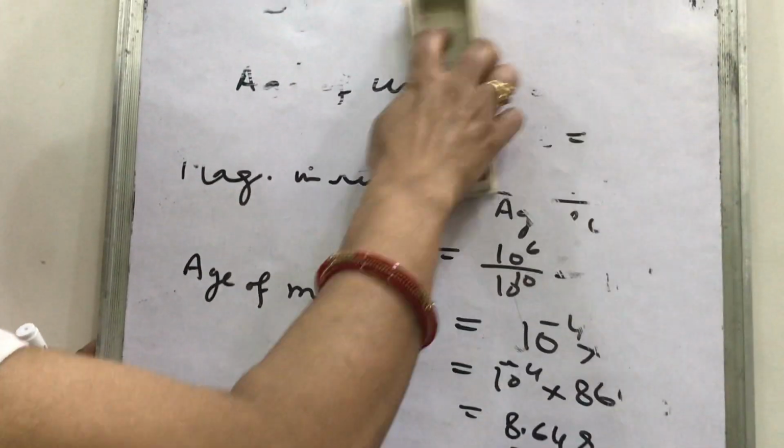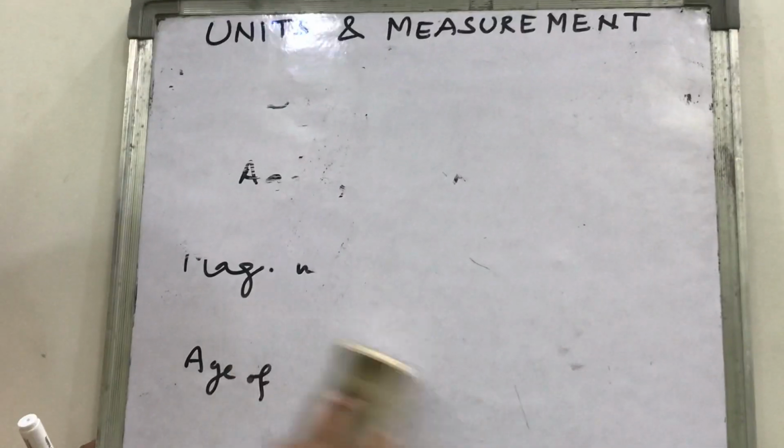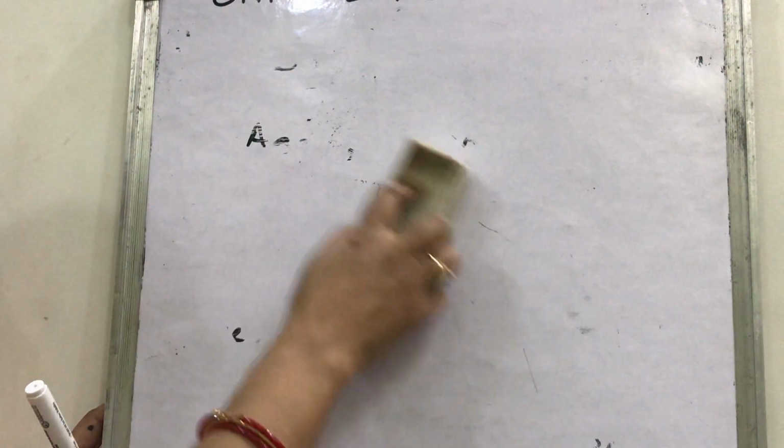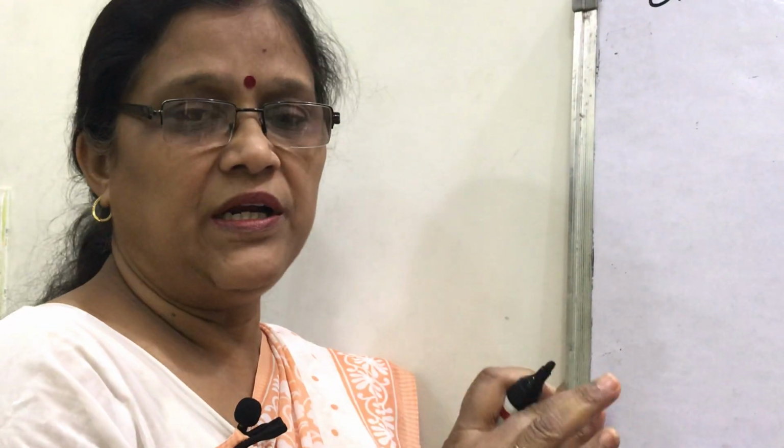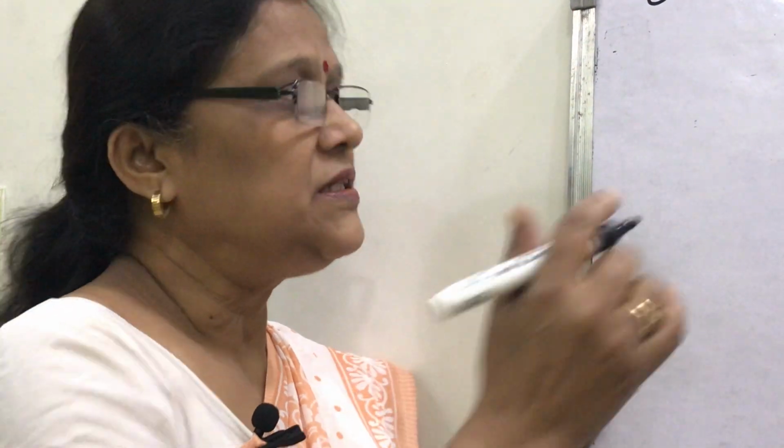You know, we have read 7 fundamental quantities. They are also known as base quantities. Why base or fundamental? Because any other quantity can be expressed in terms of them. So fundamental quantities are 7 and their units are fundamental units.